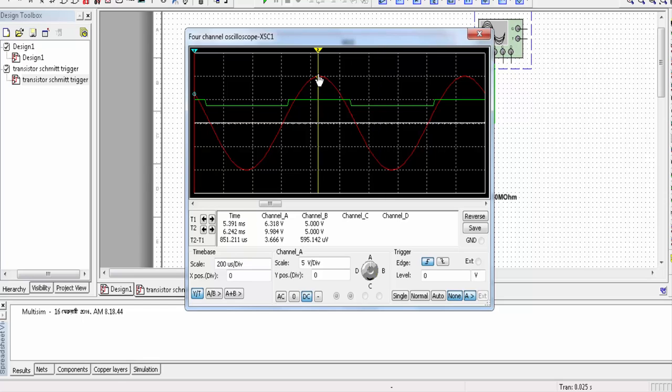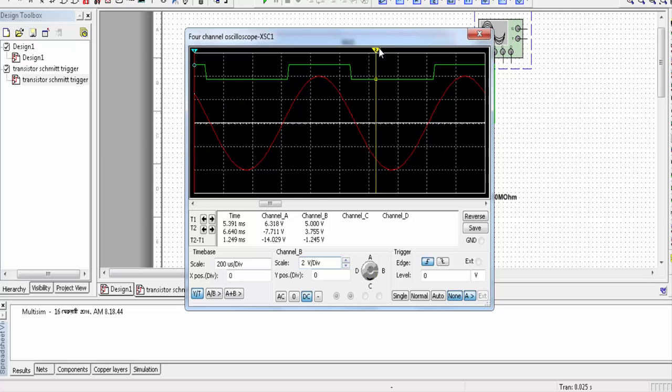See here, this level is at 5 volt and this is our VCC, and see here, this is our VCC minus IC2 RL2, which is 3.755 volt. That means IC2 RL2 was equal to 1.25 volt. And if I zoom this, you will see that this will be a square waveform. Okay, that's it. Thank you.